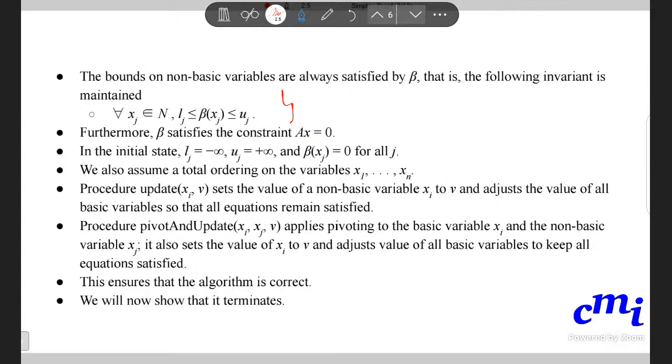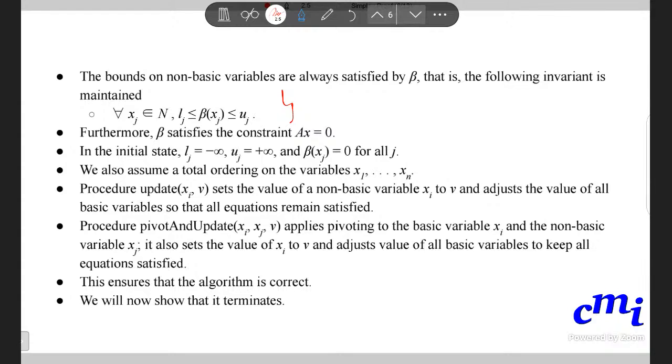The above invariant, where you said all non-basic variables will satisfy their constraints, can get violated in the initial state if you initialize some of the non-basic variables that way.